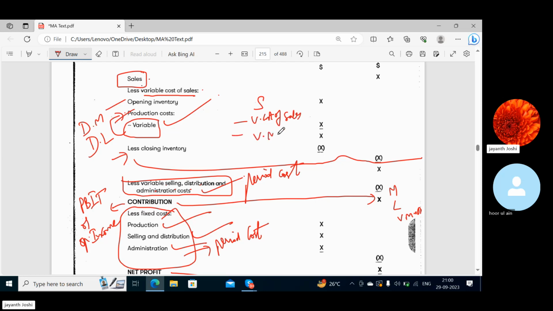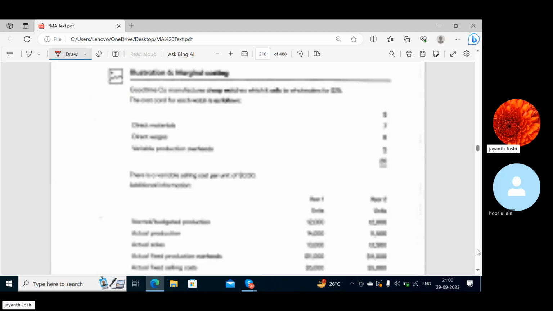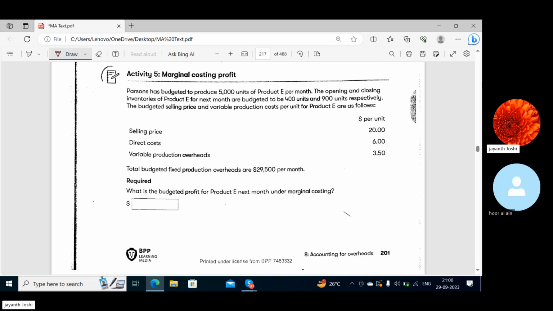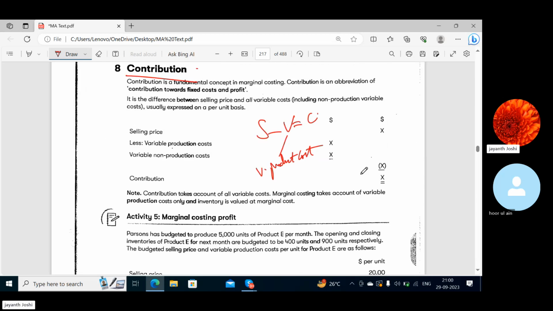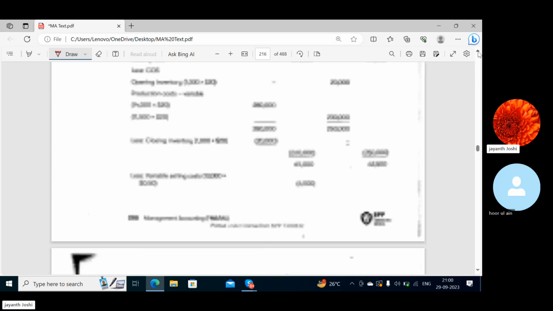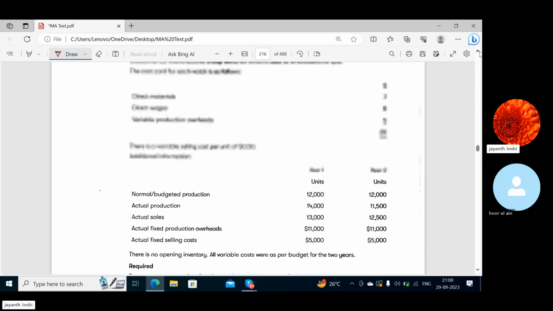When you removed all the types of variable cost from sales, that is total variable cost, you got contribution. Sales minus total variable cost: the end result is contribution, right? The same thing they are giving here. So this concept is also almost done. Contribution concept. We'll do a question right now. Come on, so this is the question.